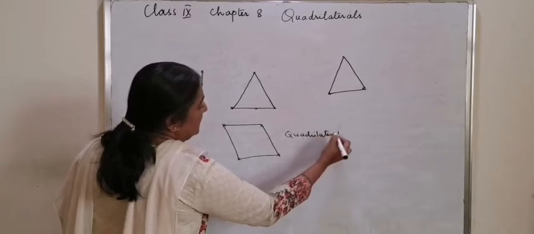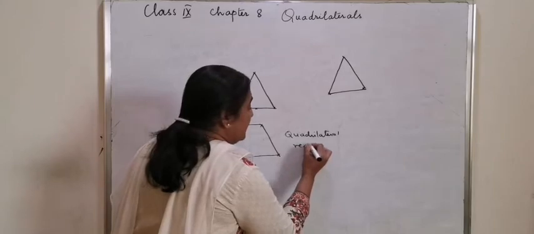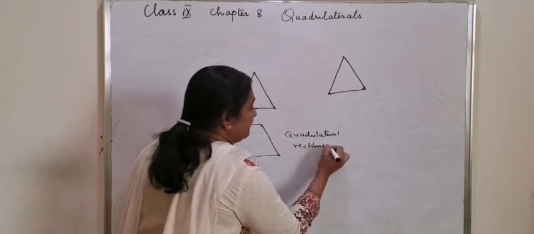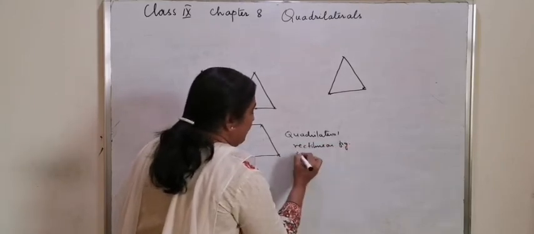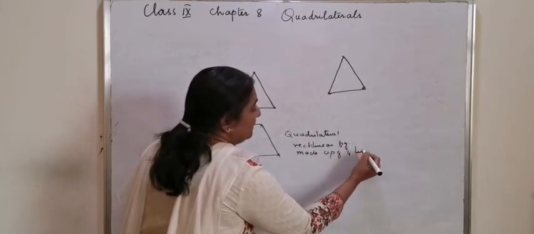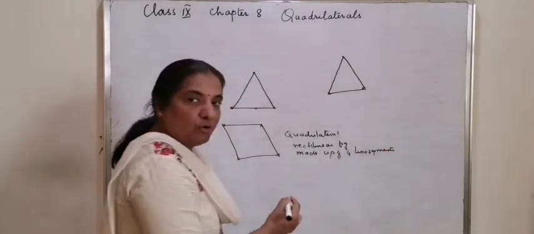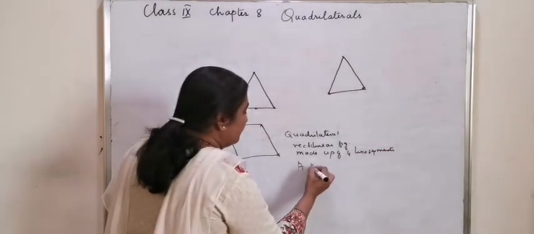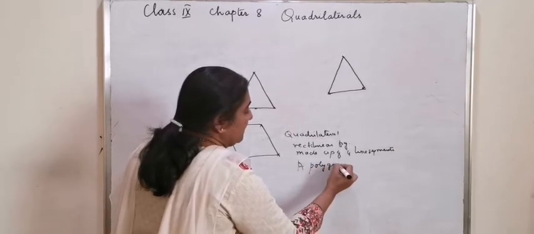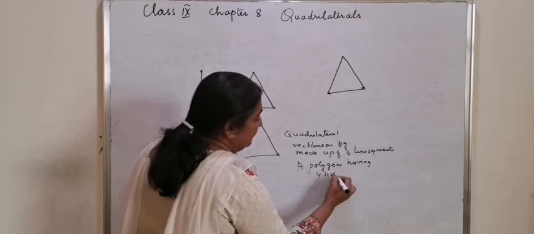That means the general definition of a quadrilateral is a rectilinear figure made up of 4 line segments, or a polygon having 4 sides.